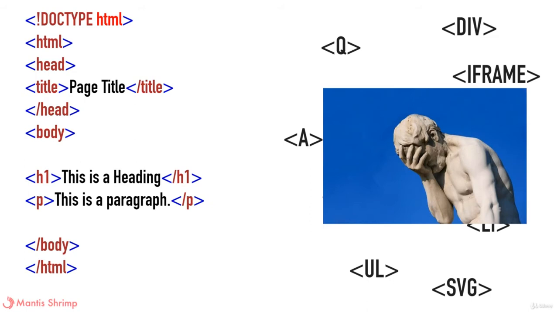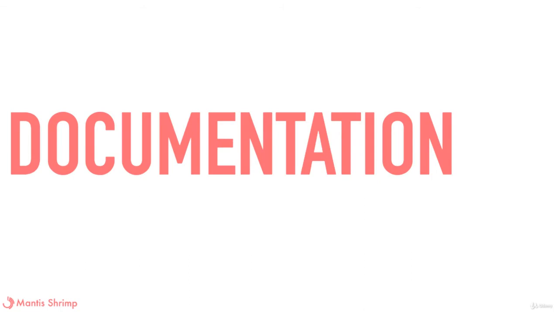It might seem like there is going to be an awful lot to get your head around, but really I just wanted to highlight at this stage the importance of documentation, and that's what we're going to be looking into in the next lecture. I'm just going to point you to some really good starter resources that we're going to be using all the way throughout the course as a reference, some good information and documentation on not just HTML but also CSS and JavaScript.